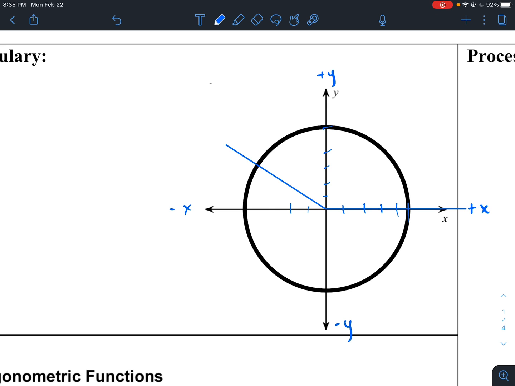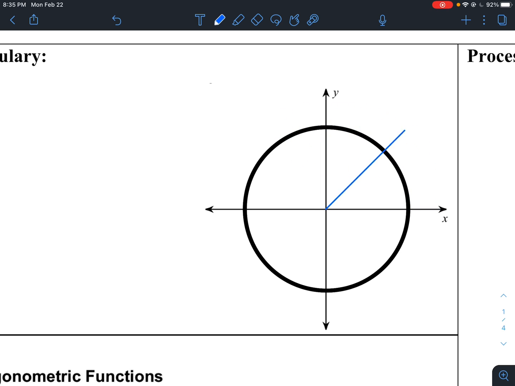We could go in the negative direction and in the negative y direction, okay? And this is how we determine the side lengths of our initial and terminal sides.